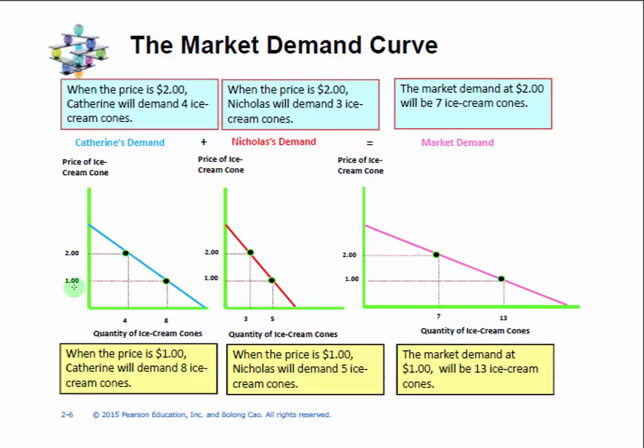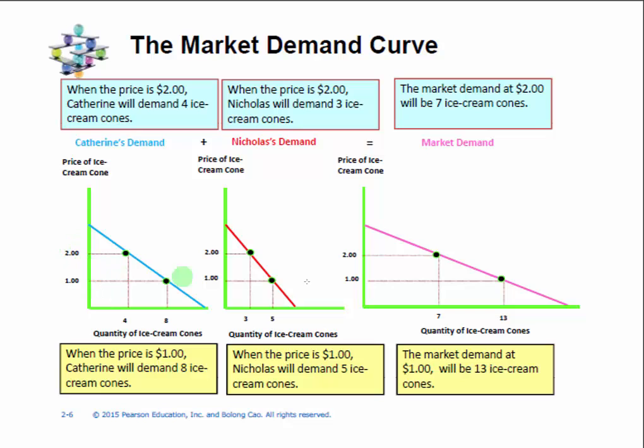And then at $1, Catherine demands 8 cones, and at a $1 price, Nicholas demands 5, and together they demand 13 in the market. So in that way, what we are doing is summing up the quantity demanded, 4 and 3 at each price, at this $2 to get 7 cones quantity demanded, and at $1 we sum up 8 and 5 to get 13.